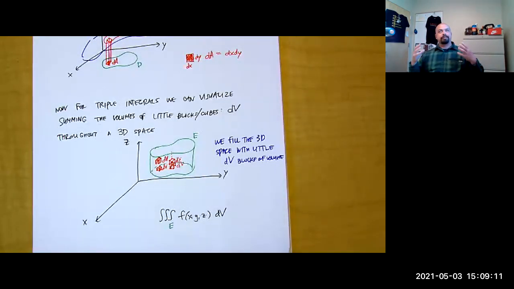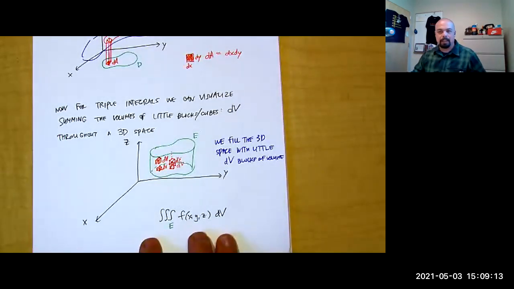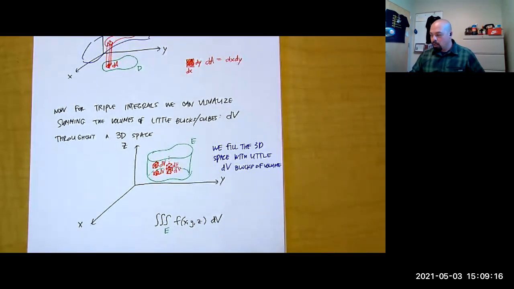Okay, and so now trying to give a physical meaning for this might be a little bit harder because it's not like we're just computing the volume. We're taking that volume and acting upon it. We have this function multiplying that volume.